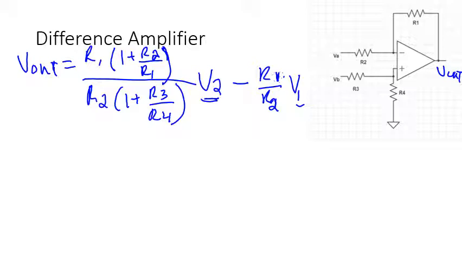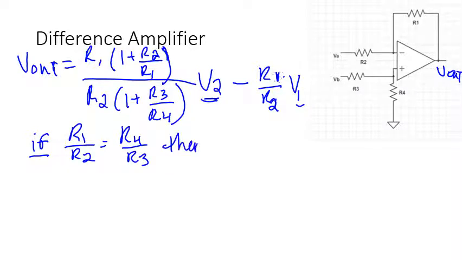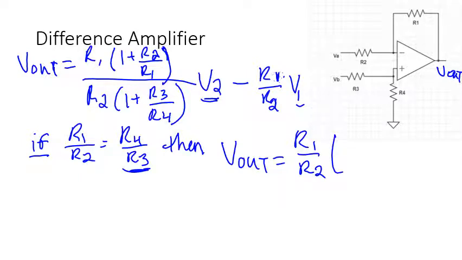However, this equation can become not so scary if you have a special case for your resistors. So if and only if R1 over R2 equals R4 over R3, then my equation simplifies a lot. V out just equals R1 over R2, with the same ratio as R4 over R3 in this case, times VA minus VB.